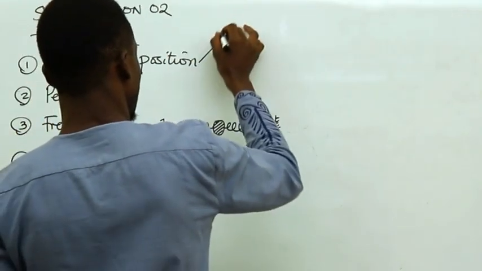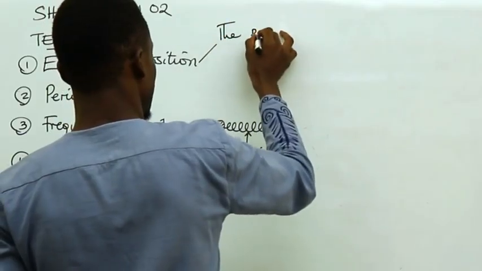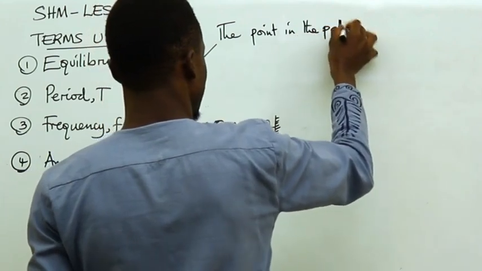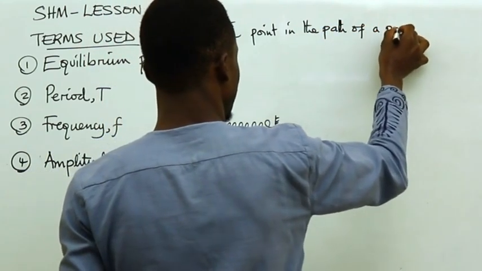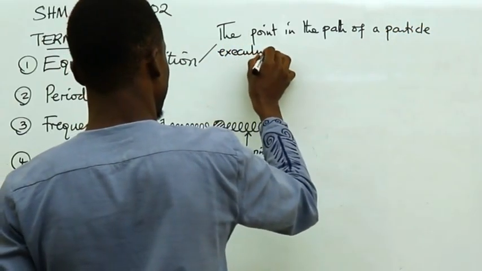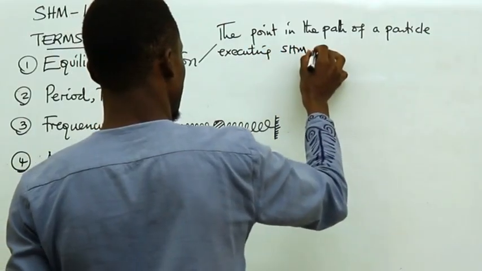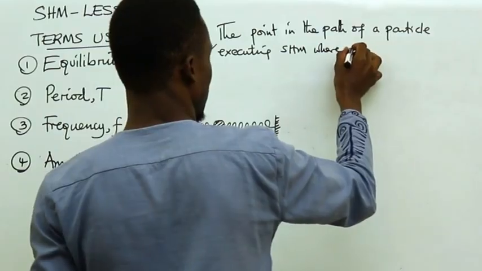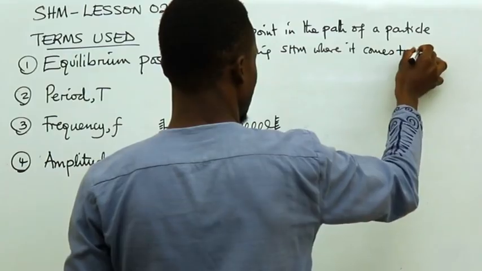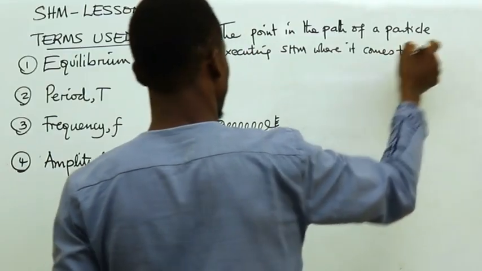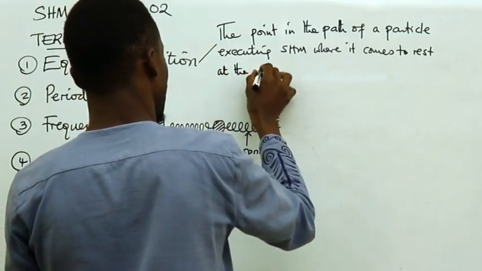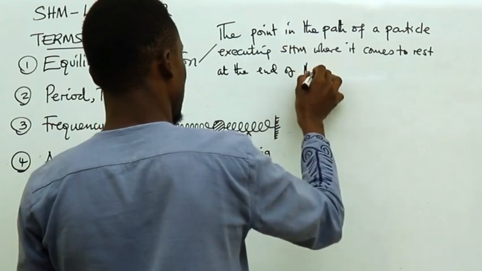So this is the point in the path of a particle executing simple harmonic motion where it comes to rest, that is the particle at the end of the oscillations.